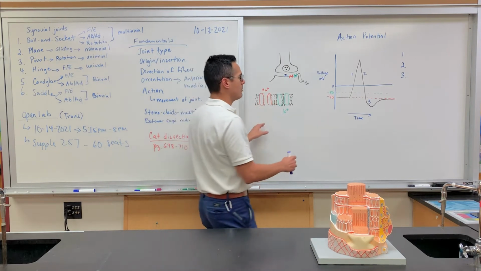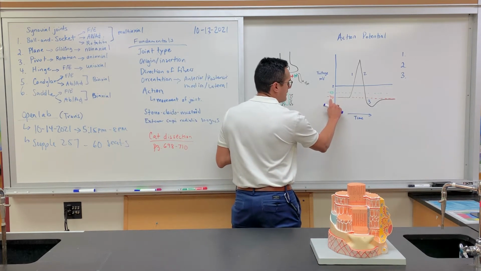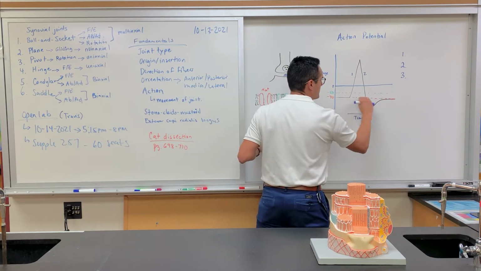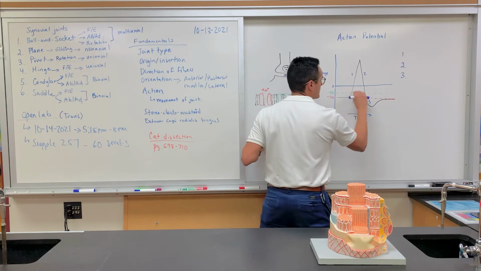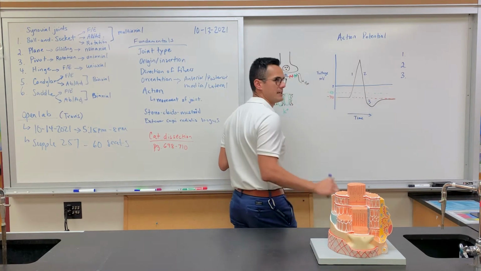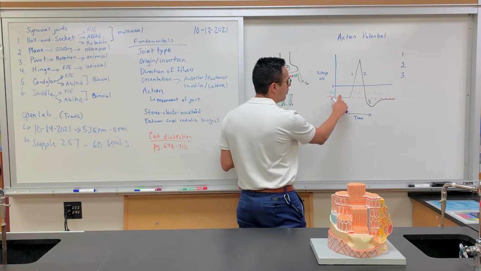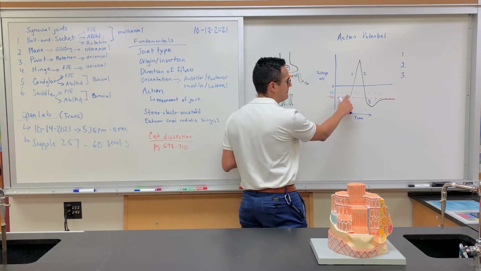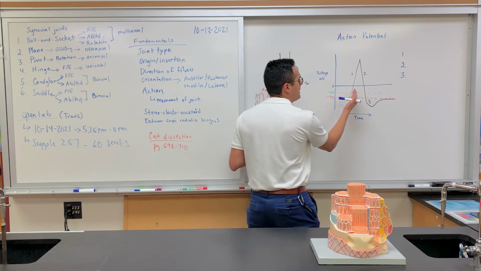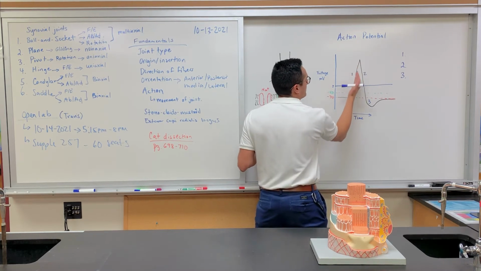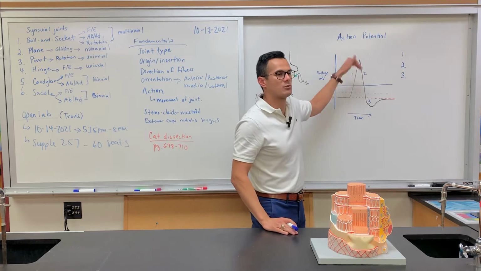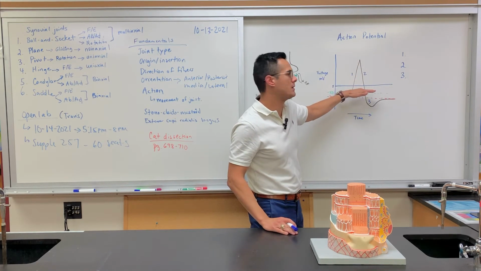And so what negative 70 is representing is the resting membrane potential, and then this is what we know as threshold, which is at negative 50. So once we reach threshold, at negative 50, then we get this spike here, due to the sodium that's rushing in, okay?